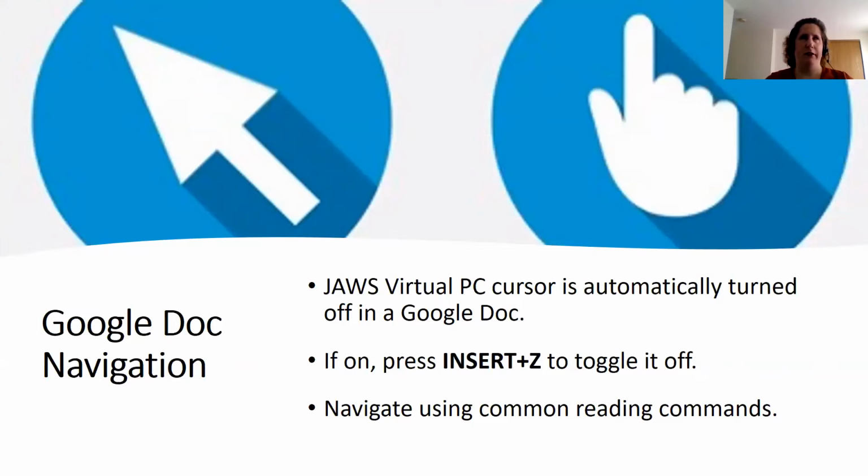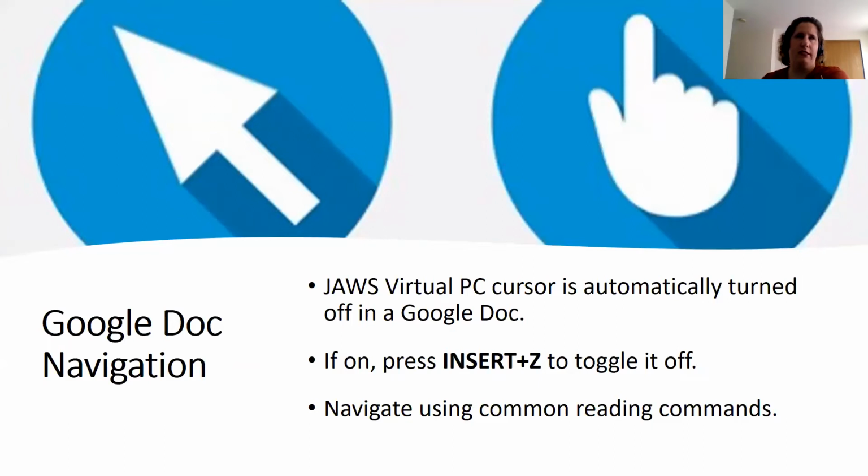When you're on the internet, since you don't have an insertion point, there needed to be a way to read that information just like you would with the PC cursor. So the JAWS virtual PC cursor was created. When you're in Google Docs and you're in a document, you need to be able to have an insertion point. So by default, the JAWS virtual PC cursor is automatically turned off when you're in a Google document.